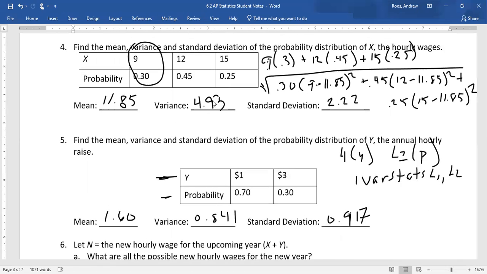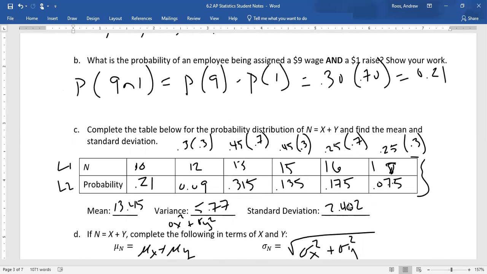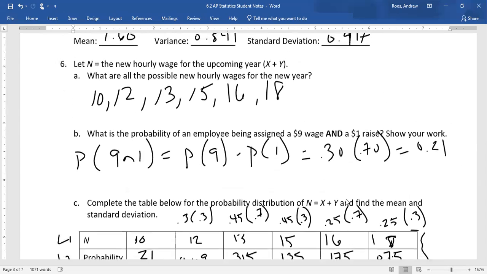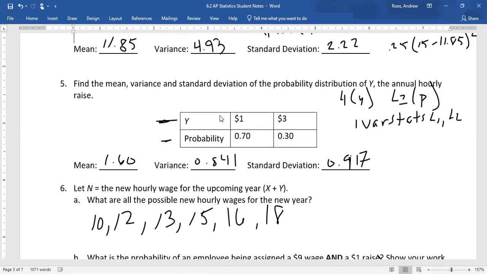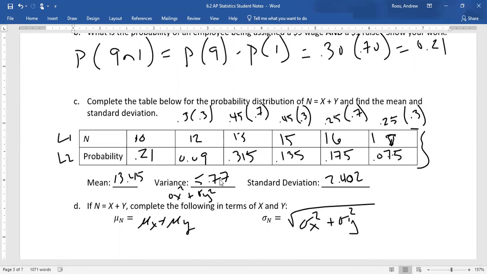Variances, add 4.93 plus the 0.841, add the variances to get the new variance, but you cannot add standard deviations. So you could add the variances together and then take the square root of the variance to get the new standard deviation.